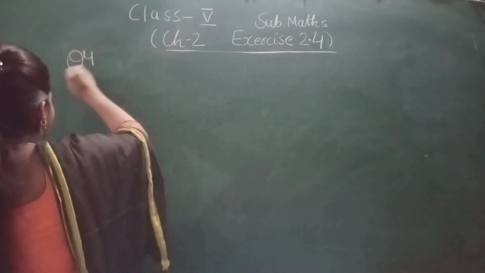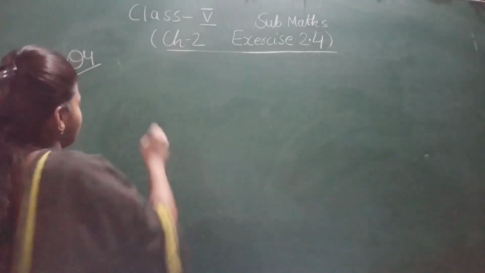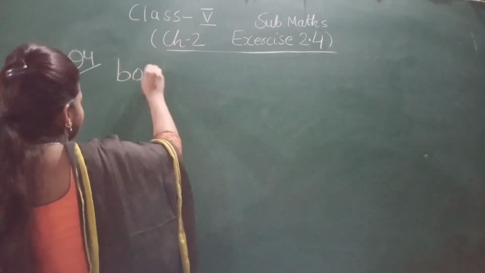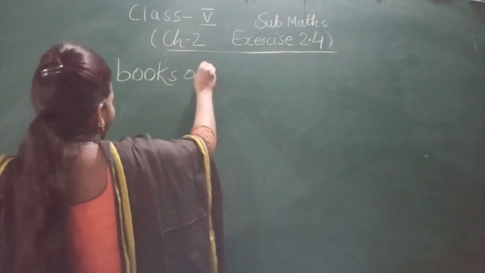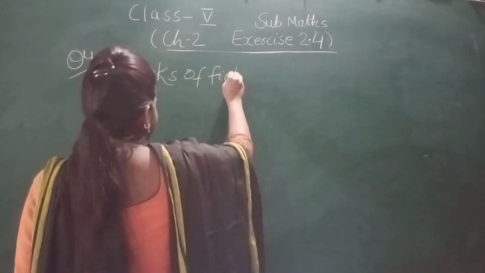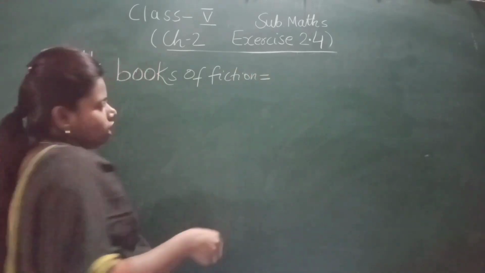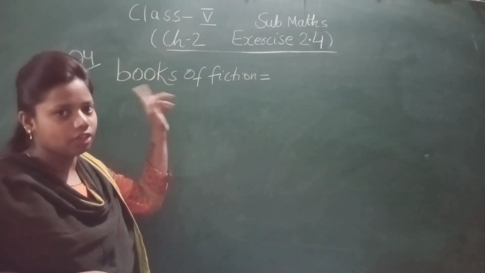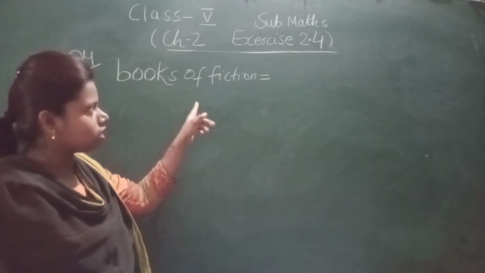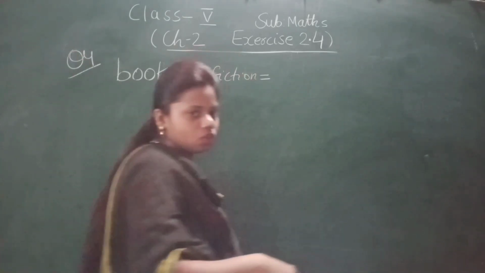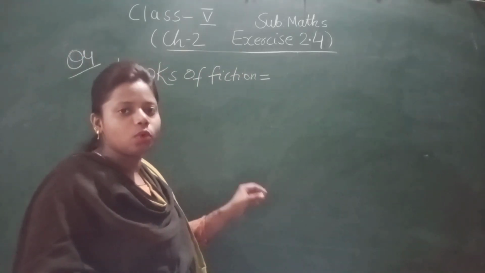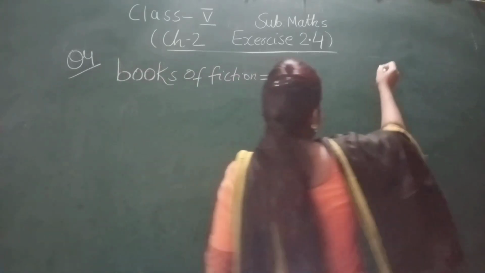Question number 4. What will you write? First, books of fiction. Books of fiction is given. Books of fiction is equal to how much? Up to which place is it given? Up to 10 lakhs place. So let's start.